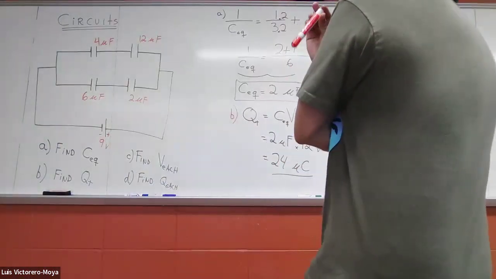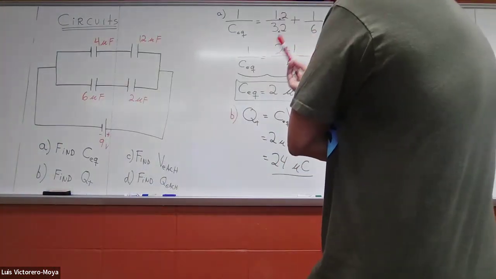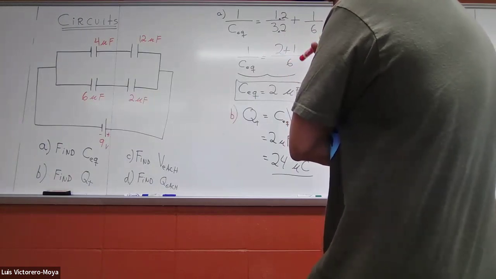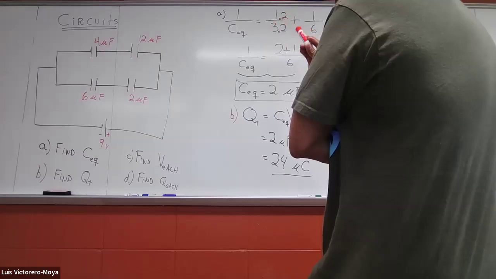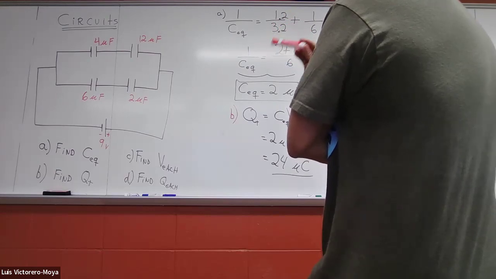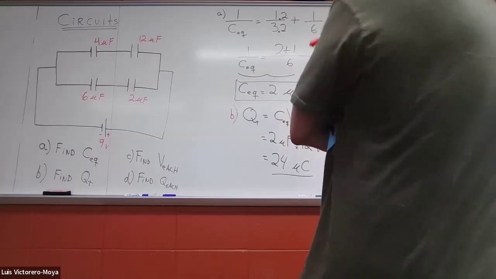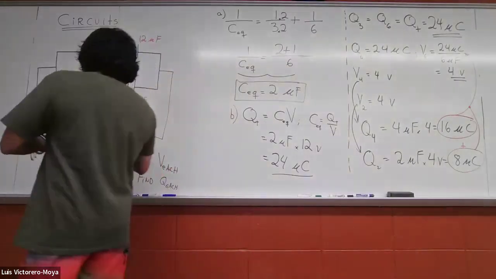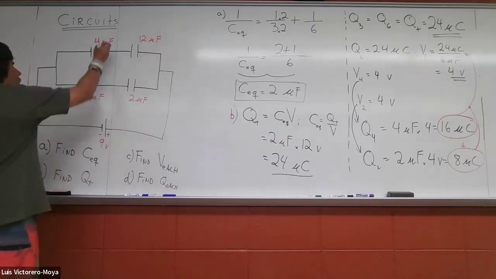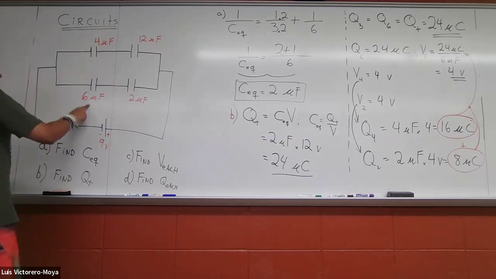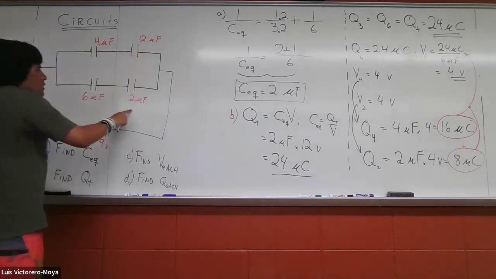I guess the misconception in this problem is how you combine the capacitors. You see, 4 and 12 are in series. 6 and 2 are in series, but you can get confused with a parallel setup. Like you could make the mistake of combining 4 and 6 in parallel, 12 and 2 in parallel.